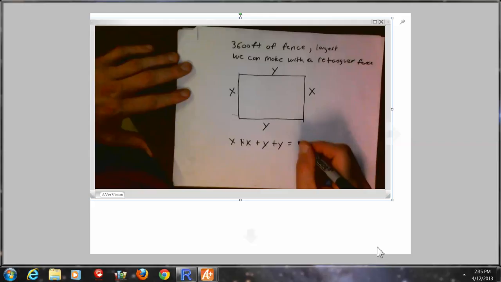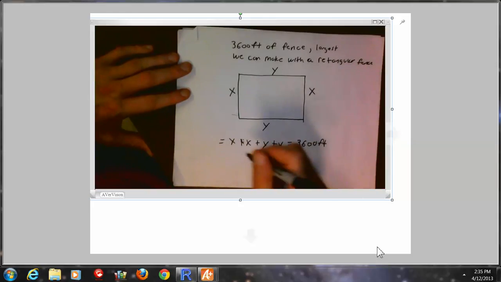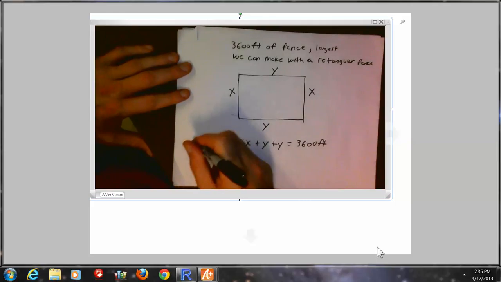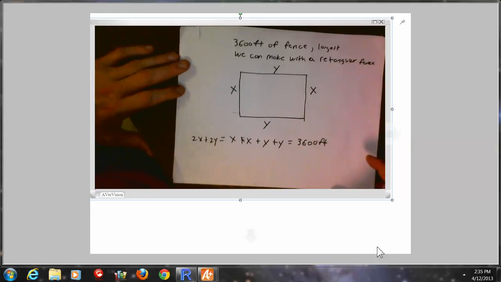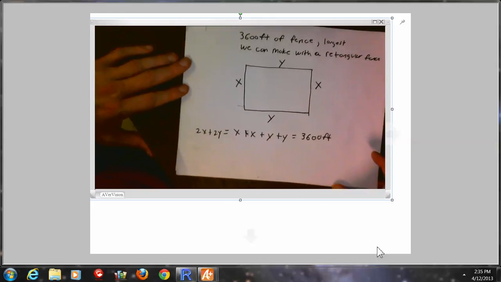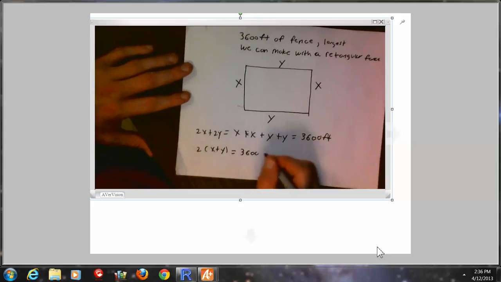And we get this is equal to 3,600 feet. But this is also equal to 2x plus 2y. Now I can factor out a 2, and I get 2 times (x plus y) is equal to 3,600, which is equal to 2 times 1,800.